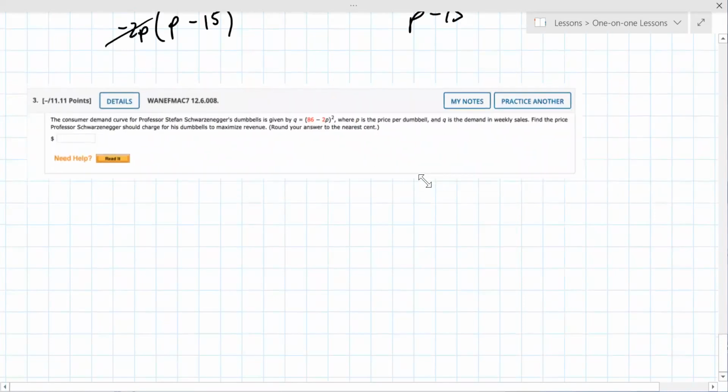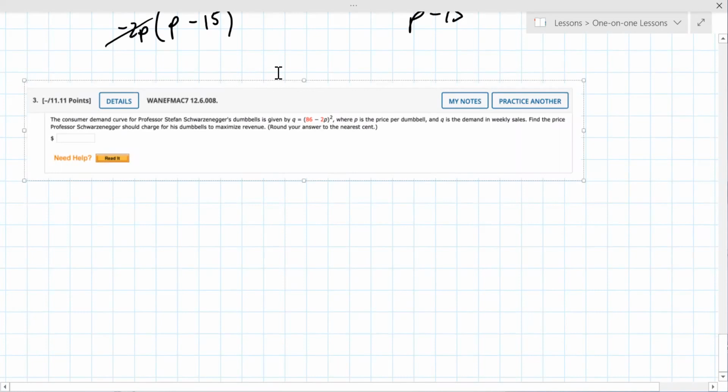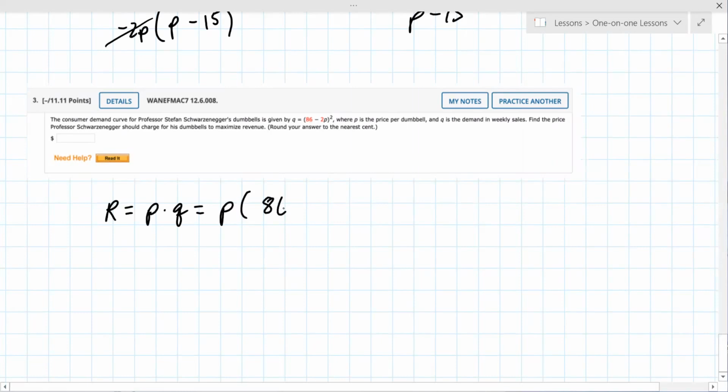Okay. Find the price you charge to maximize revenue. Revenue is price times quantity: price times 86 minus 2p squared. The derivative is needed. There are two functions, the first and the second, or u and v, so use the product rule.